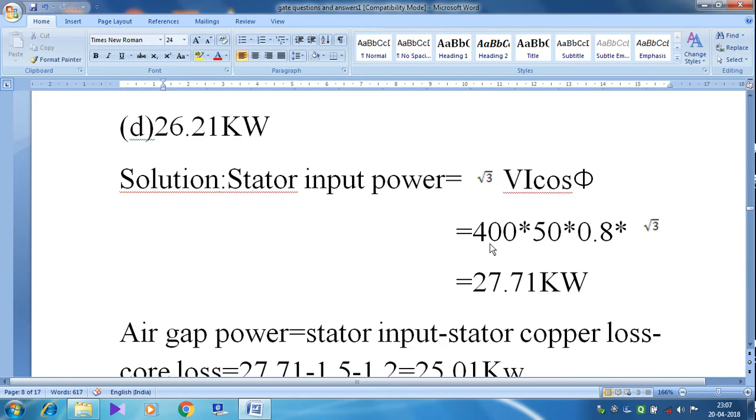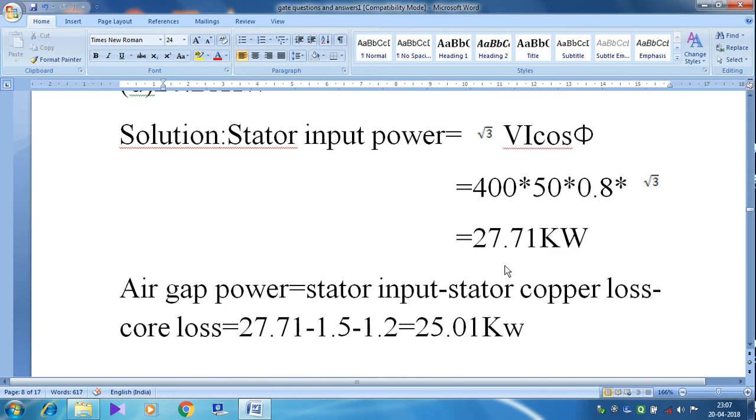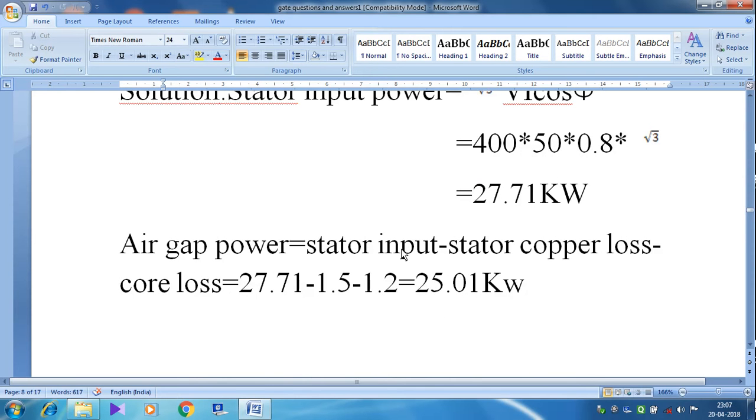Therefore, 400 into 50 into power factor 0.8 into root 3, that is 27.71 kilowatt. We got the input power.